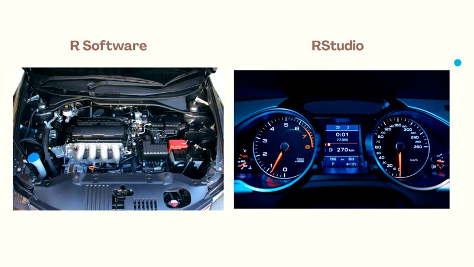So at its simplest, R is like a car's engine and RStudio is like a car's dashboard. When you want to drive a car, you don't drive it by interacting directly with the engine, but rather by interacting with the car's dashboard. In similar fashion, RStudio is called an integrated development environment.